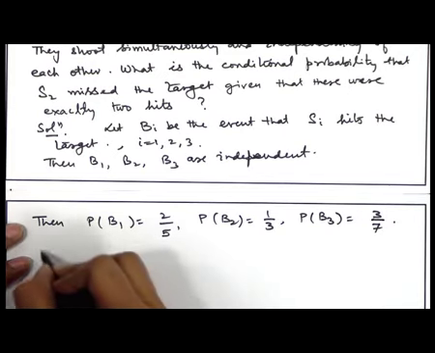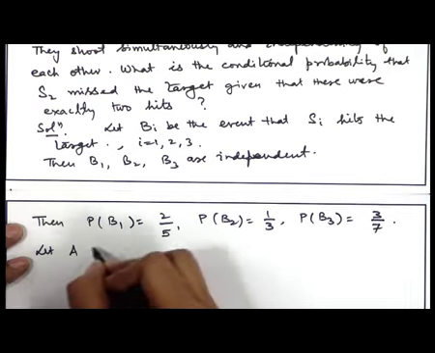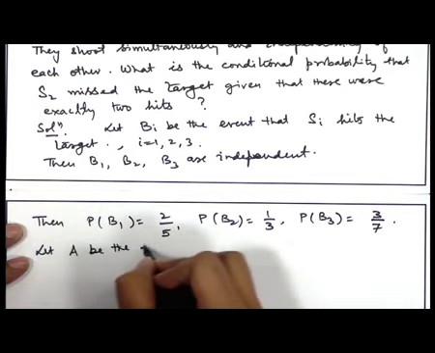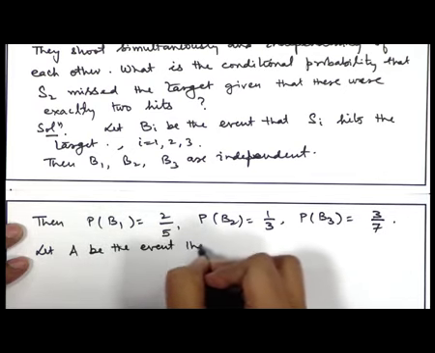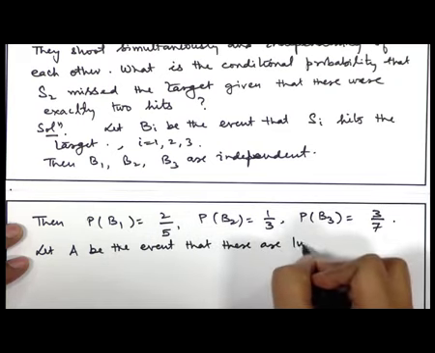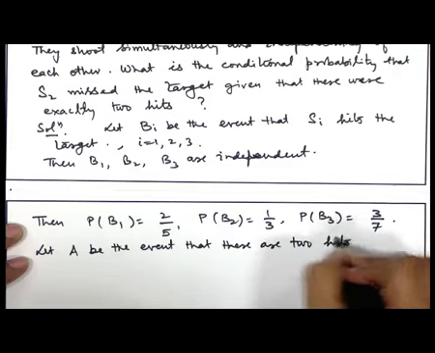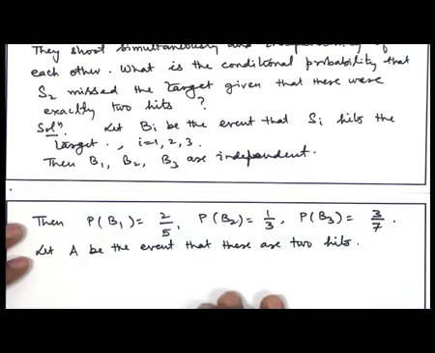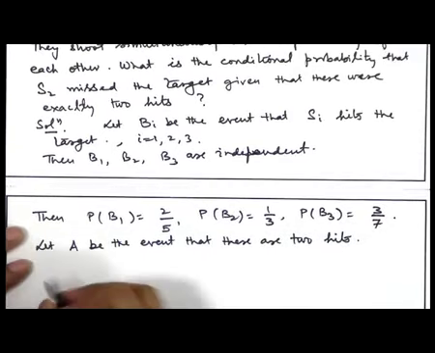So, let us consider A to be the event that there are 2 hits. Then what is the event A?